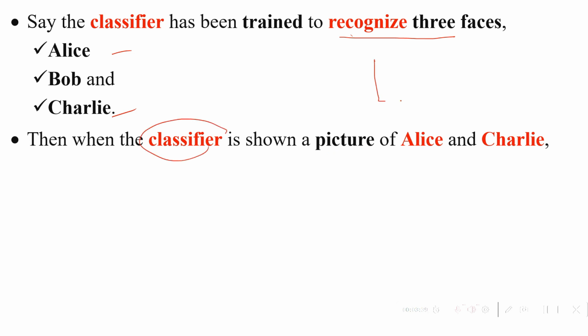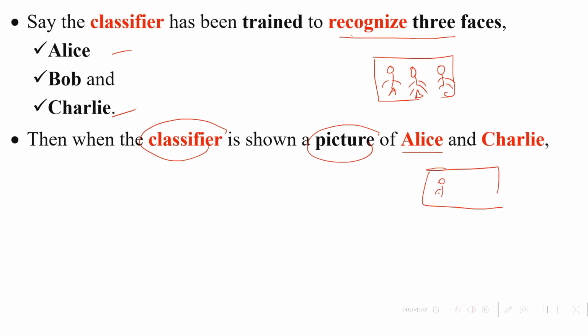Suppose the picture contains only person A, Alice, and person C, Charlie. That is A and C only.